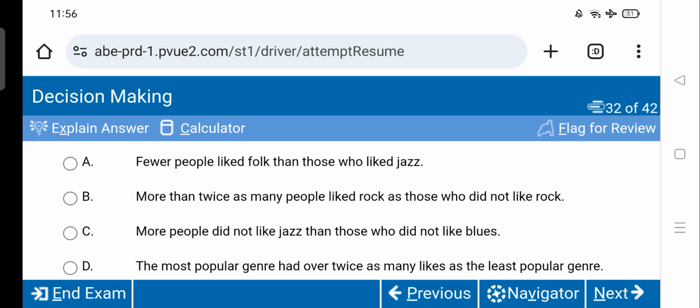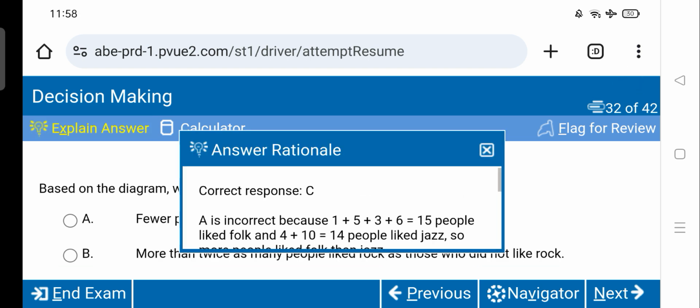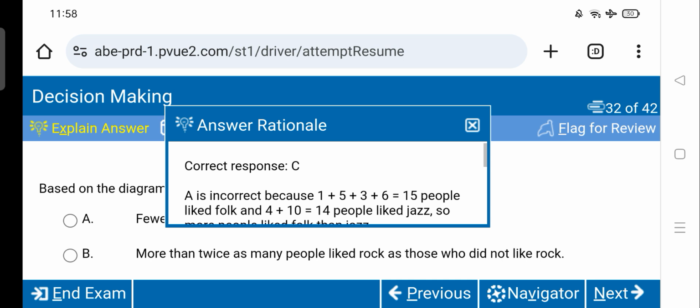Option C. More people did not like jazz than those who did not like blues. Option D. The most popular genre had over twice as many likes as the least popular genre. So let's see which option is the correct option and which one is not.